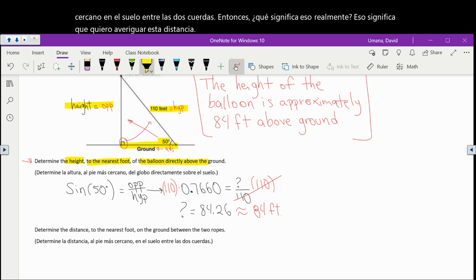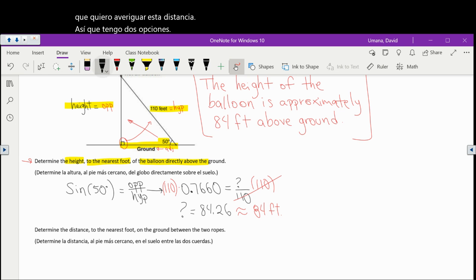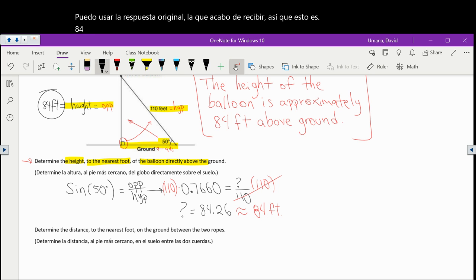So I have two choices. I can use the original answer, the one that I just got, so this is 84 feet. I can use this answer, or I can use the original number they gave me. Here's my thinking, because it did happen today at one point. I will always try to use the original numbers if I can get away with it, because I know that those are true.